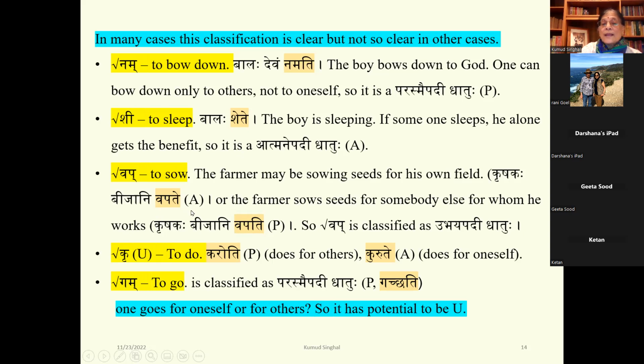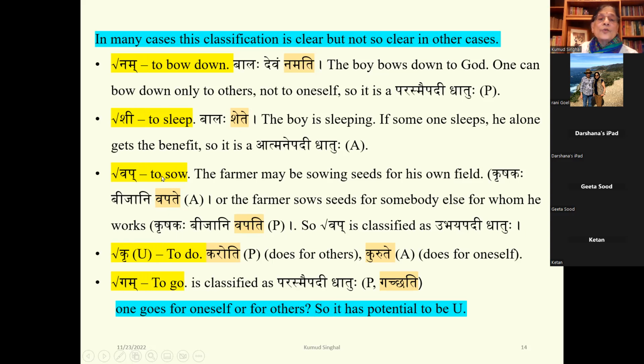The meaning is the same, but depending on the context of the sentence, you will use either the atmanepada form vapate or the parasmaipada form vapati. So the root vap is classified as an ubhayapadi dhatu.